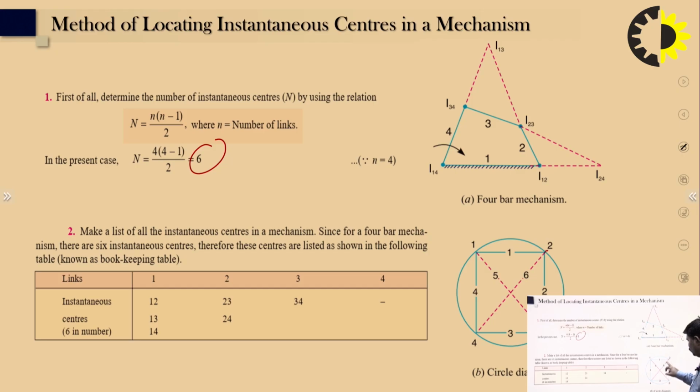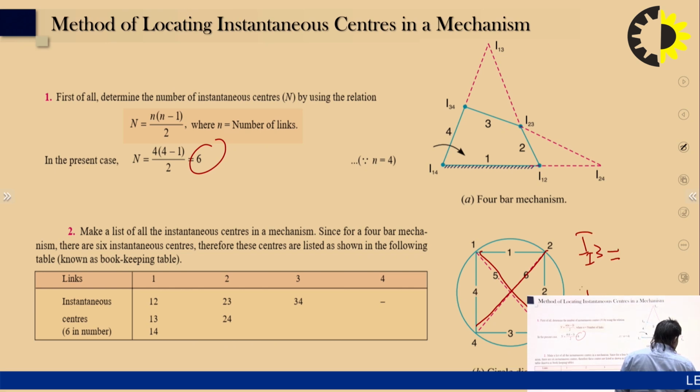So 2 4 and 1 3, we can connect them. So 2 instantaneous centers to find out, and if you draw I13 and I24.